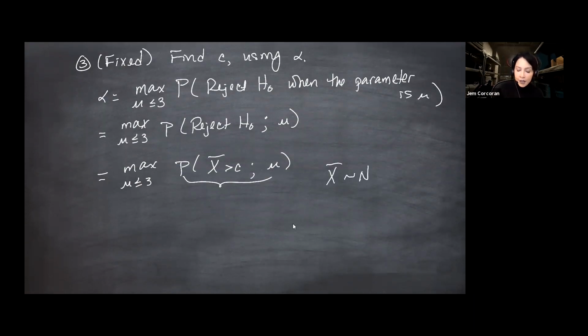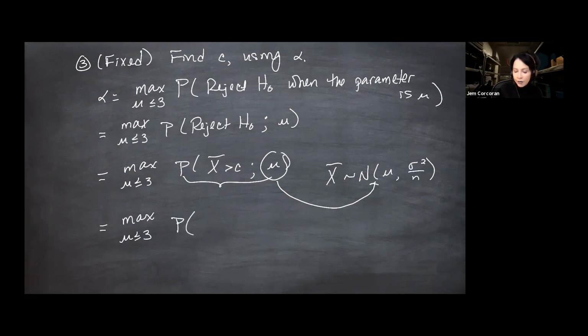If the mean is mu, which is what this probability statement is saying, the mean for x bar is also mu, and the variance for x bar is our known variance divided by n. So I could standardize this and turn it into a standard normal random variable, and I will. So this is the max over mu less than or equal to 3 of the probability that x bar minus mu over sigma over the square root of n is greater than c minus mu over sigma over the square root of n. And now the thing on the left is a standard normal, so we can call it Z.